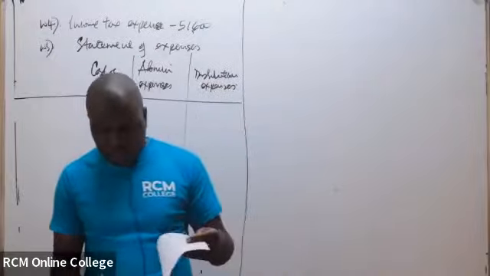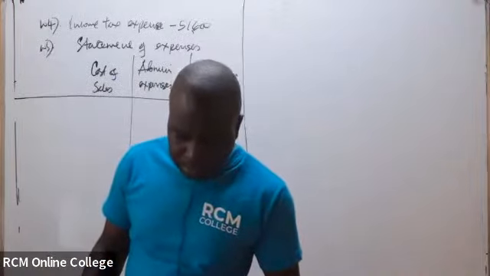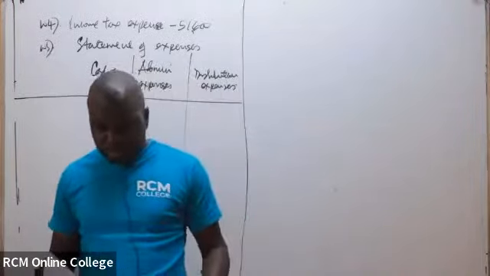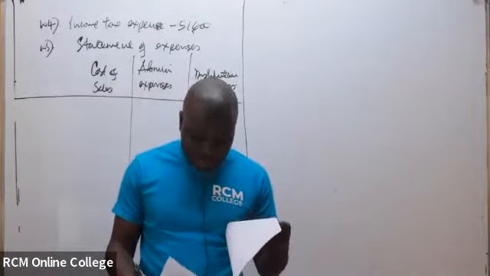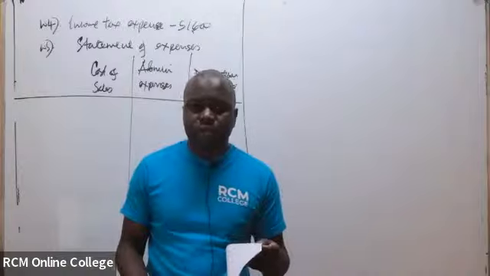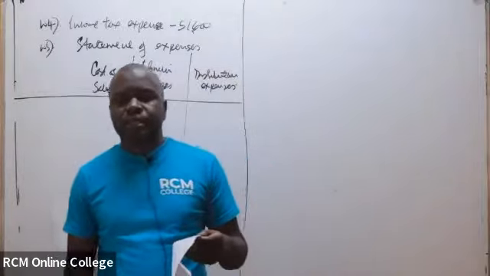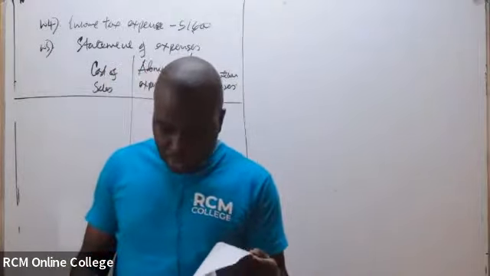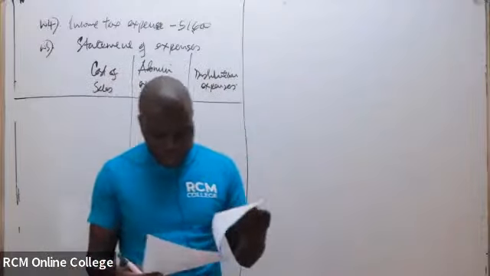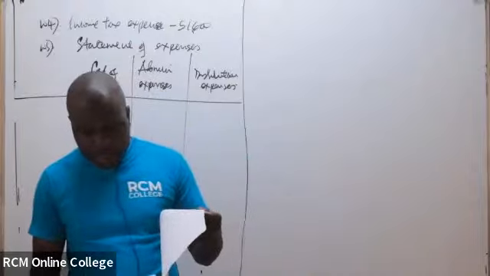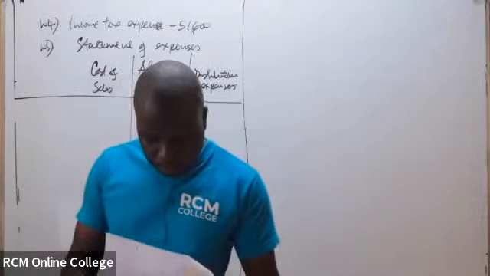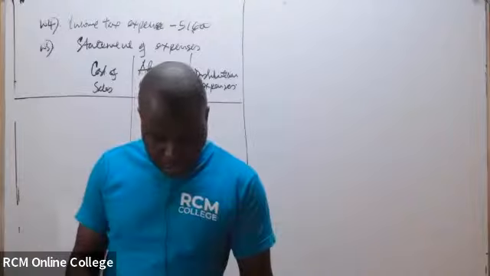Then for the cost of sales, you can compute if you've been given the opening stock and purchases, then you less the closing stock or closing inventory. So we can look at what could be our cost of sales.